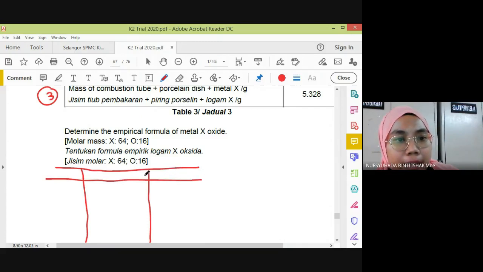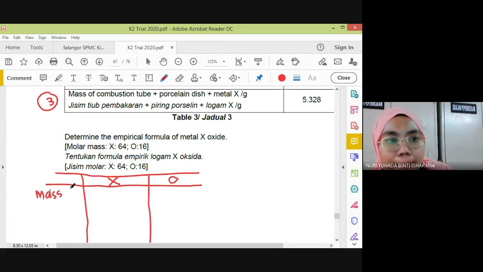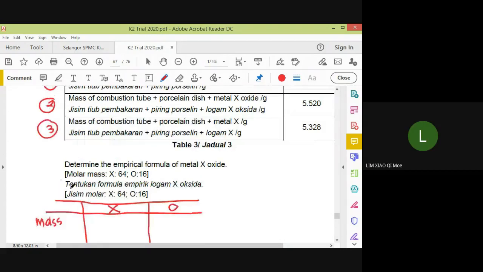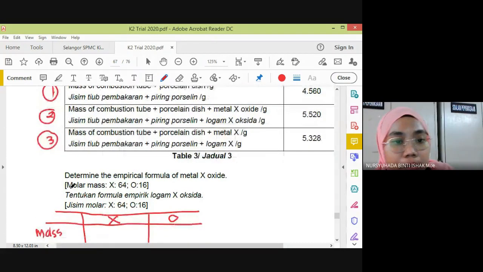So there must be X and there must be O. The first thing is mass. How to find the mass of X?